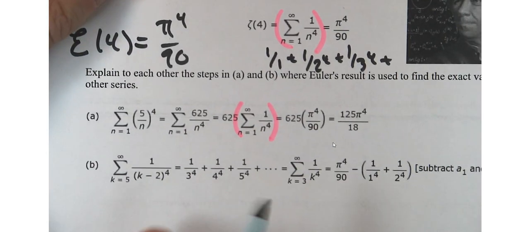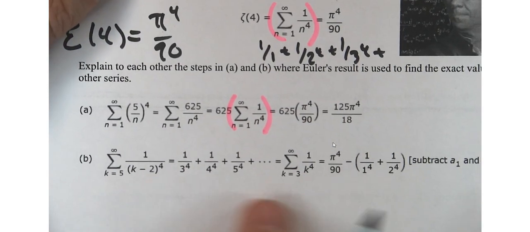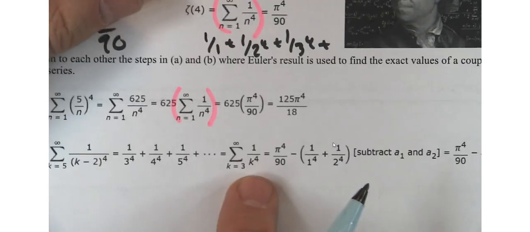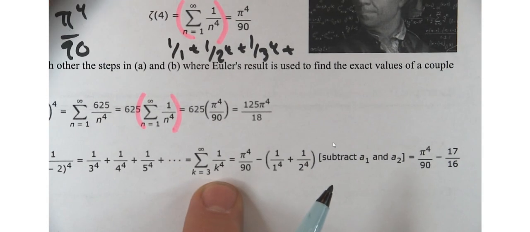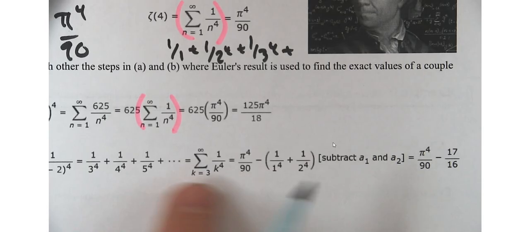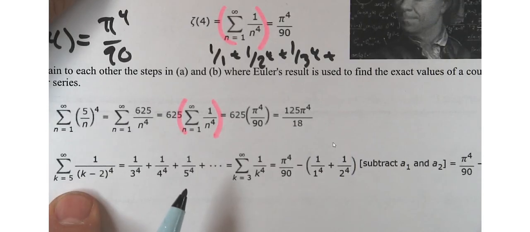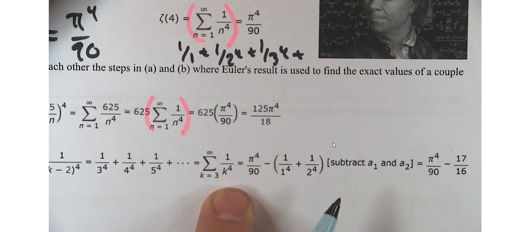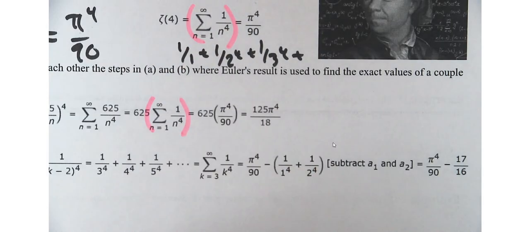And if you play around with this, and you do a little change of variables here, you can start your series at 3 instead of starting this series at 5. Starting this series at 5 and this series at 3 give you the same thing. The only thing you're missing are these 2 terms. What you're missing is right here.